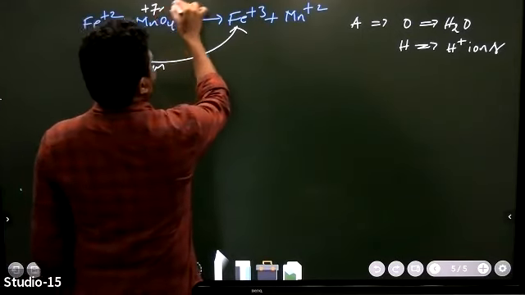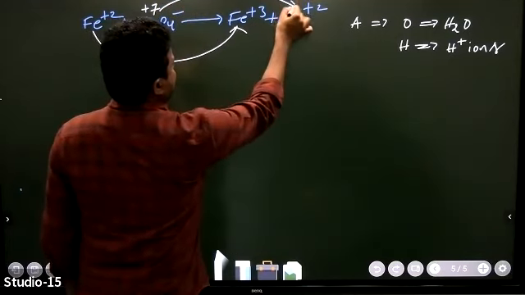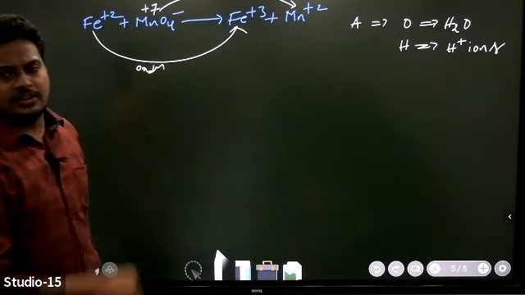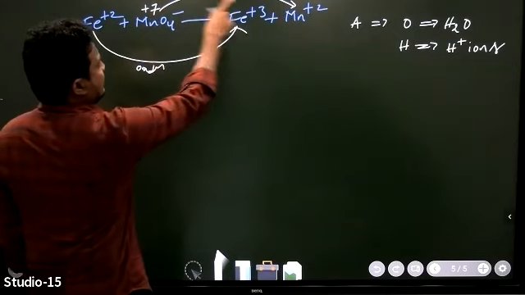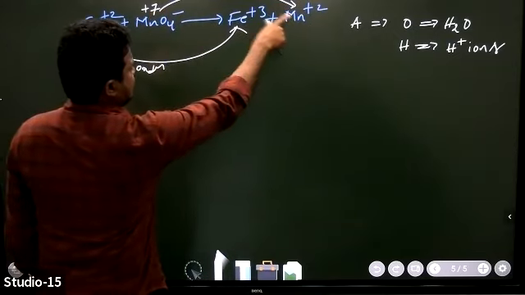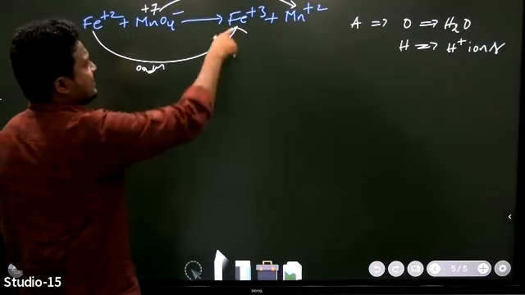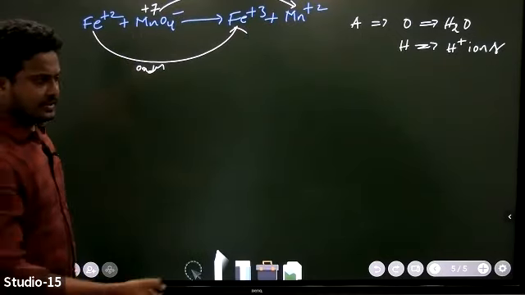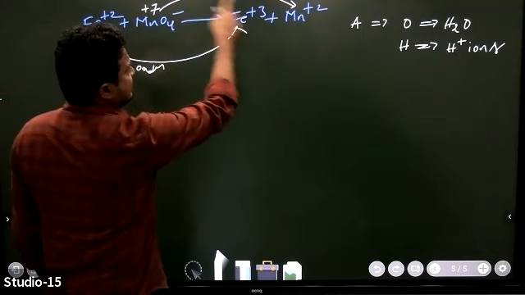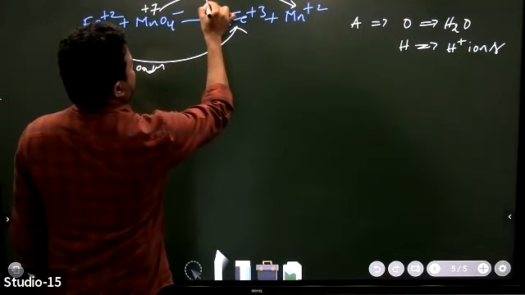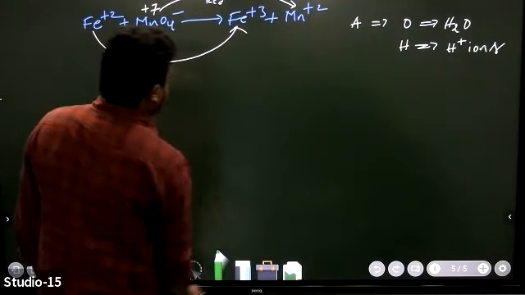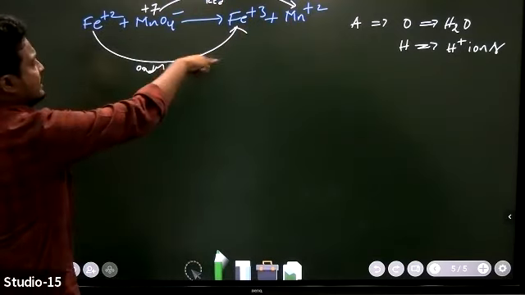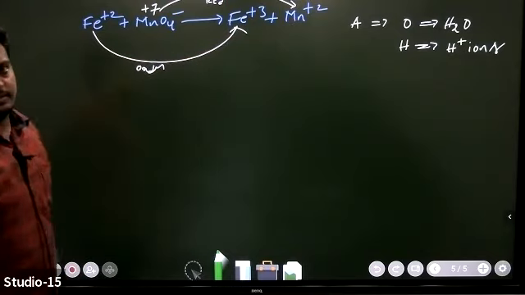Tell me, from here to here, which type of change is it, reduction or oxidation? Reduction. The oxidation number decreases. If the oxidation number increases, it is oxidation. If it decreases, it is reduction. This process is called reduction. Now, how much is the increment in oxidation number in the oxidation process?